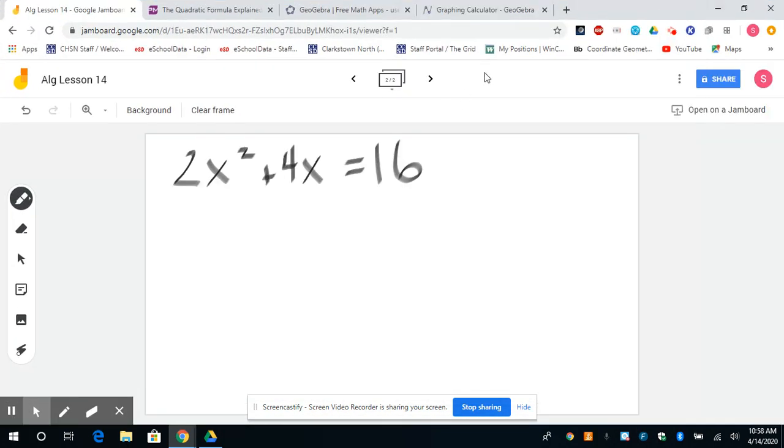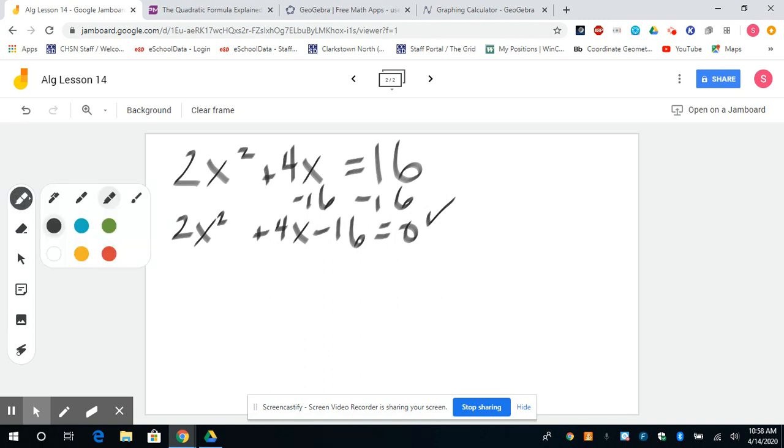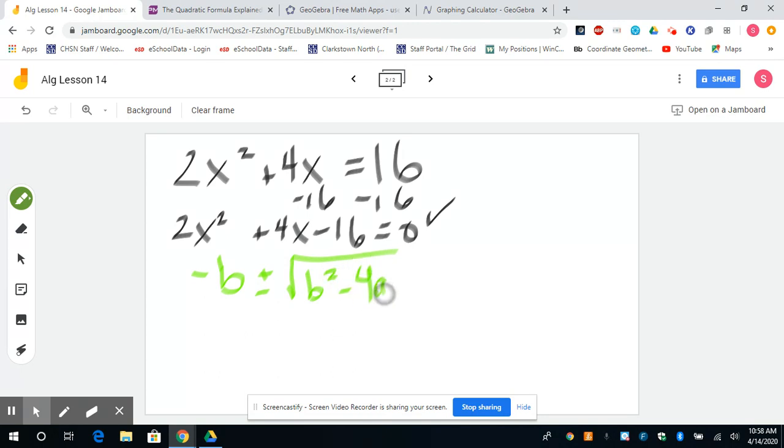All right. So again, we want it in standard form. So I need to move this over to the left side using inverse operations, and I have it equal to 0. So I'm good to go. So now I'm going to use my formula of -b plus or minus the square root of b squared minus 4ac over 2a.